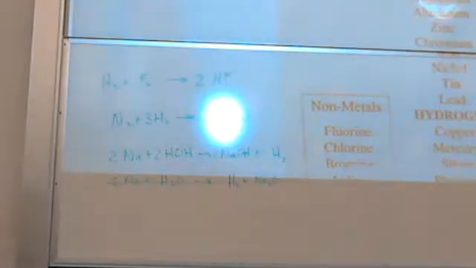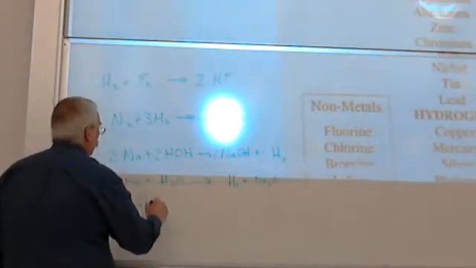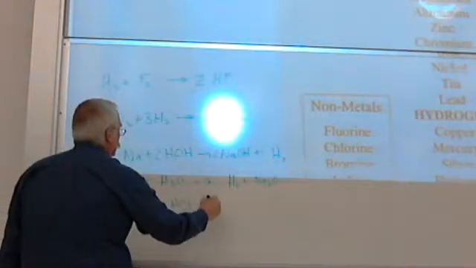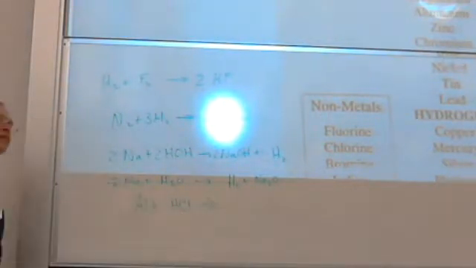Okay. Then we have aluminum plus HCl. Type of reaction. Single replacement again. We have to consult the activity series. Who's the competition between? Aluminum, hydrogen. Who's more active? Who wants to be part of the compound? So a reaction occurs.